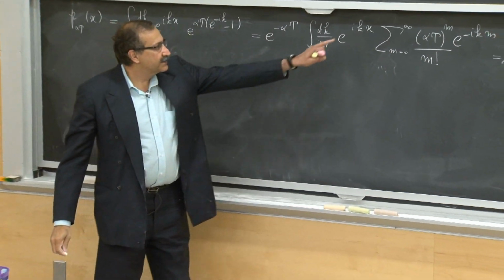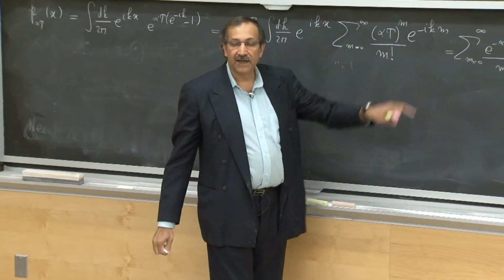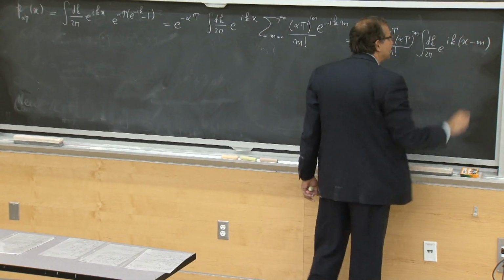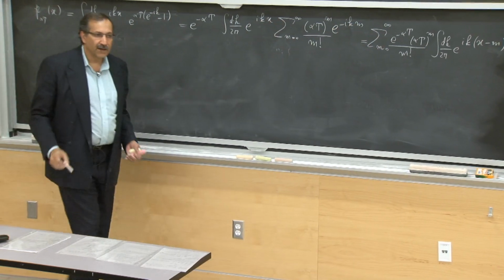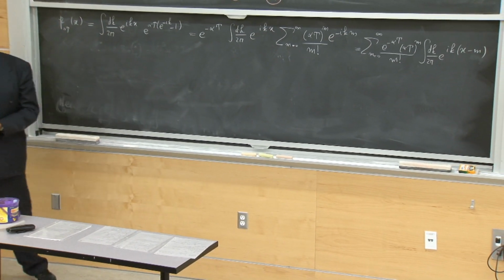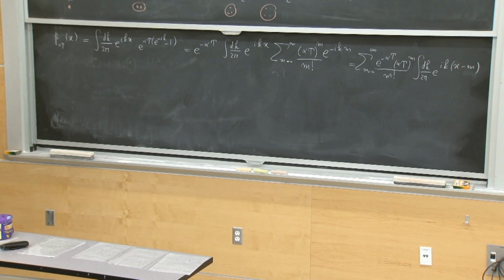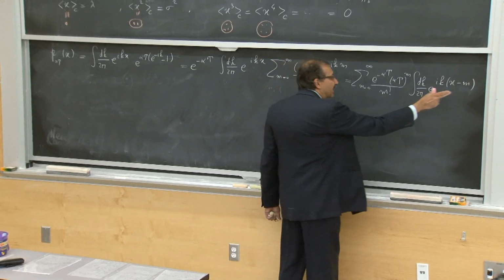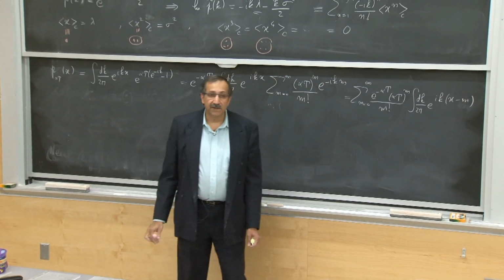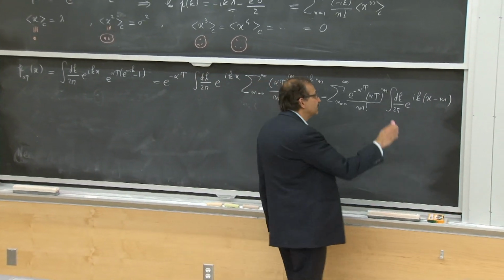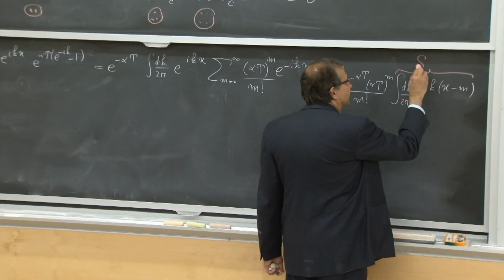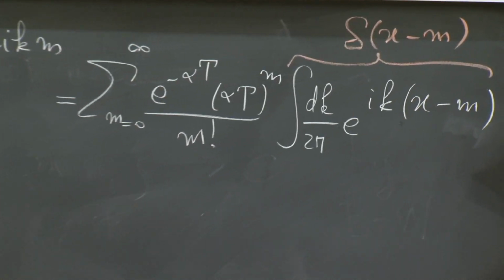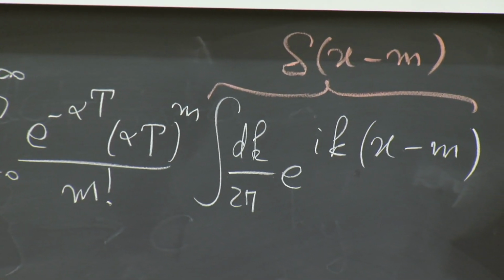Well, I had the x here, and I have e to the minus ikm here. So I have x minus m. Okay? And then I say, OK, this is an integral that I recognize. The integral of e to the ik times something is simply a delta function. So this whole thing is a delta function that says, oh, x has to be an integer.